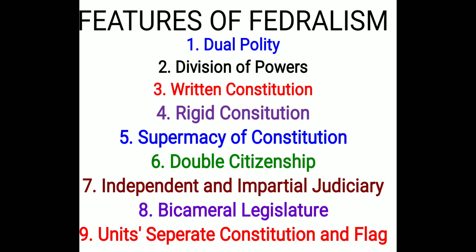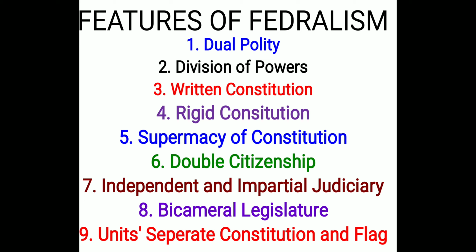There are 50 states in America, and each citizen of America is a citizen of USA, and a citizen of the particular region where he or she resides. As far as India is concerned, we have no concept of double citizenship. We have only single citizenship. We will discuss it in detail when we talk about the Indian federal system.